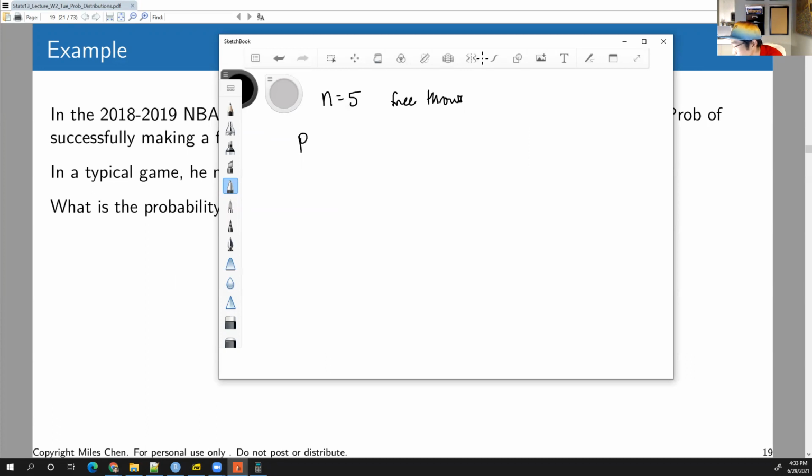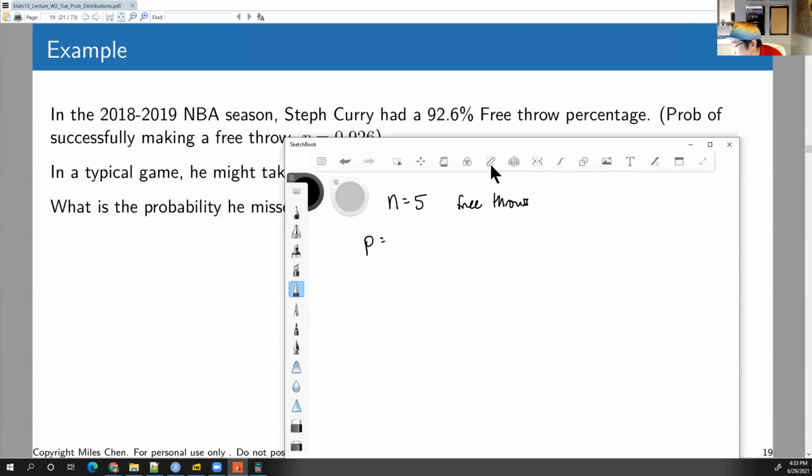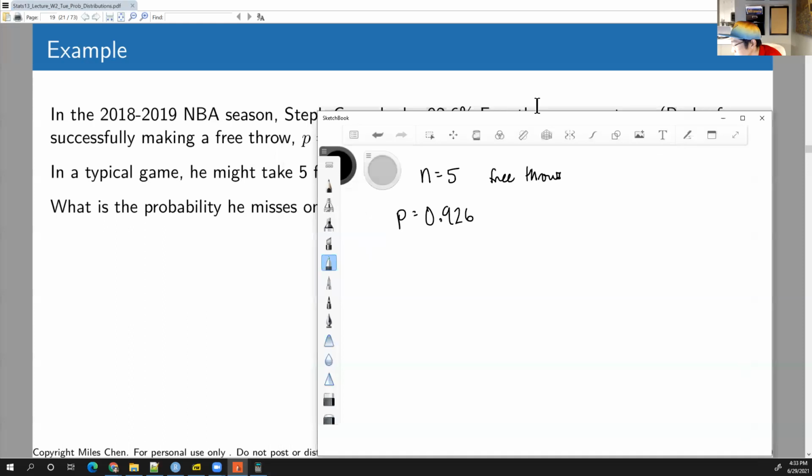And then we have p, the probability of making a free throw, to be 0.926, right? And so what is our x? The question says probability of missing 1. So probability of missing 1 is the same thing as probability of making 4.